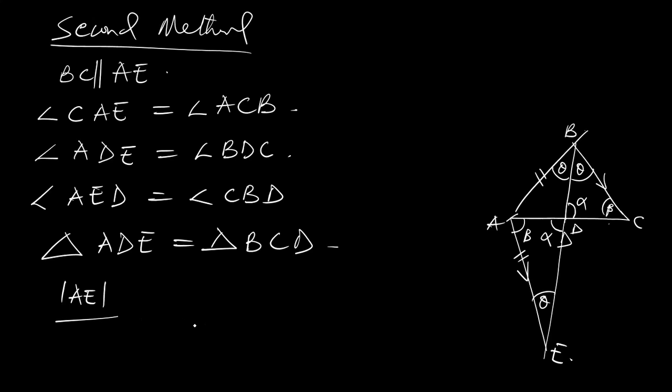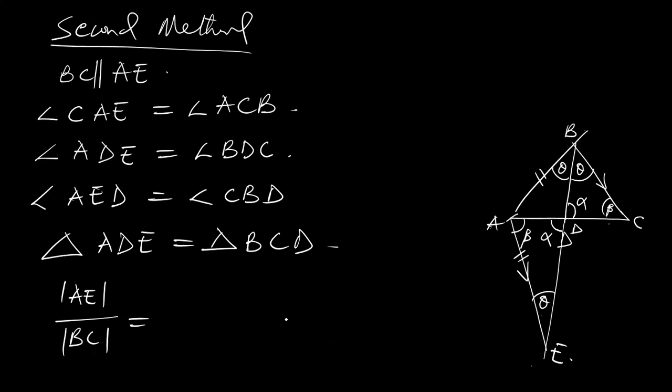all over, now here is beta. So if you see AE is adjacent to angle beta and theta. So which one is the similar side? Which one is adjacent to angle beta and theta? Which is BC.